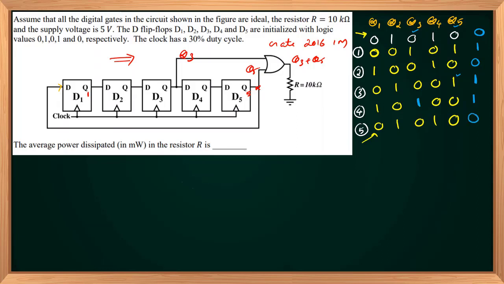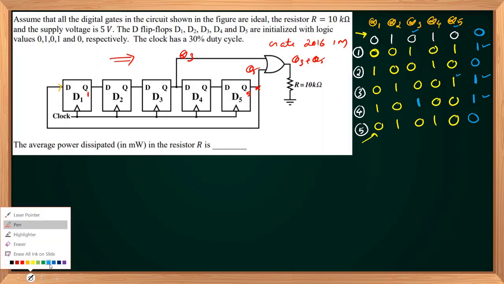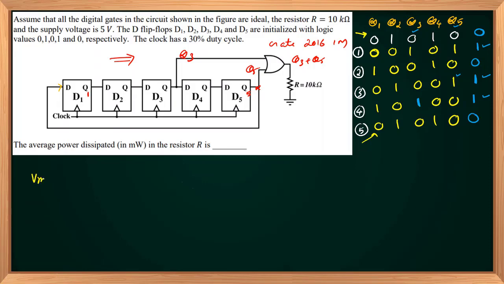It repeats. So for a given period, that is 5 clock periods, the OR gate's output is logic 1 for 3 clock periods. The power is defined as Vrms squared divided by R, and Vrms is defined as the square root of 1 over T times the integral of the square of the voltage waveform.